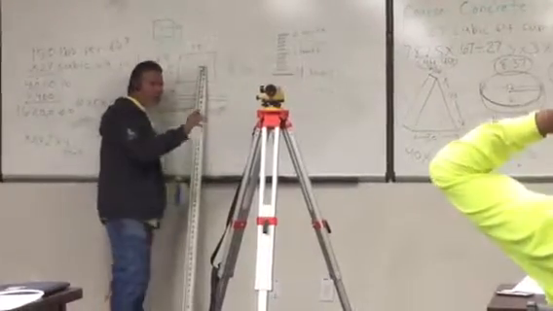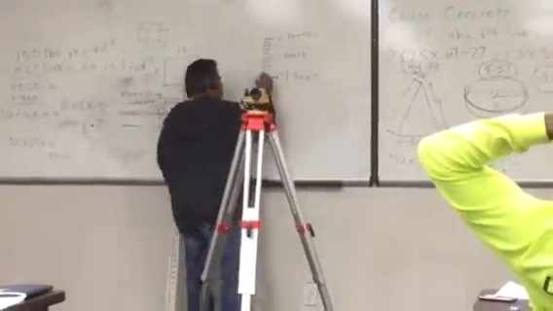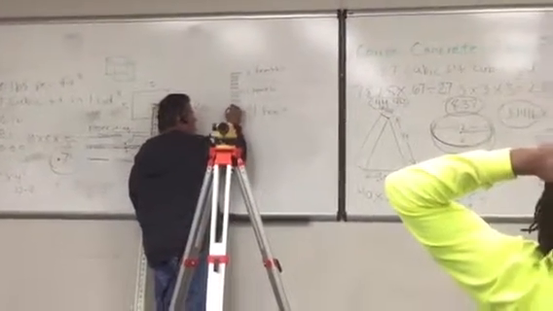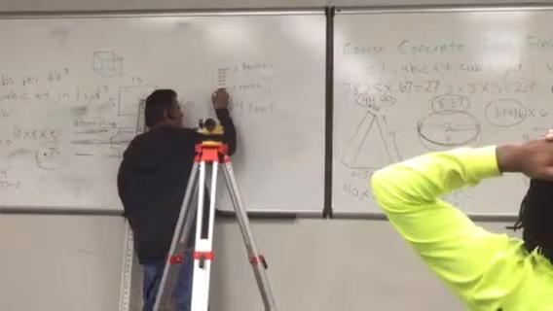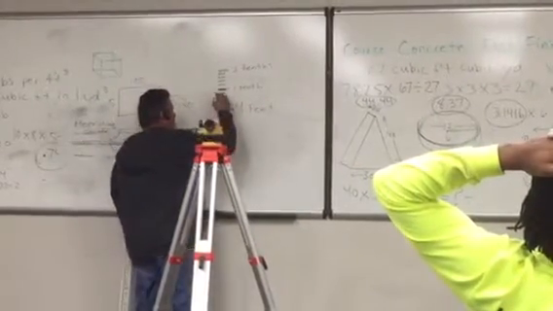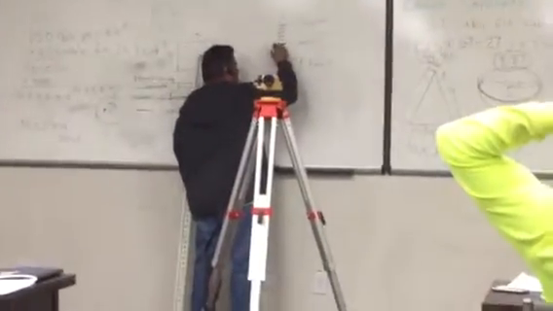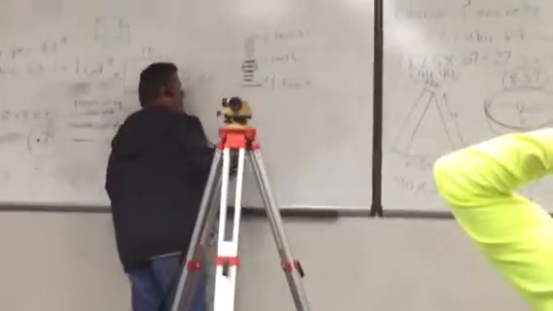Okay. So when I'm looking through here, every one of these little black marks represent the hundredths, okay? So when you're looking through that cross here, check this out. Just say for instance, you're looking through the scope, and you see that cross right there.